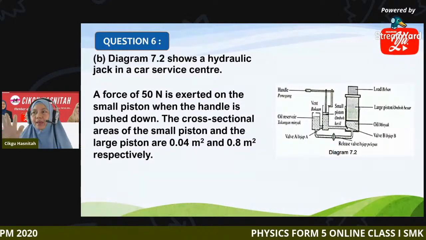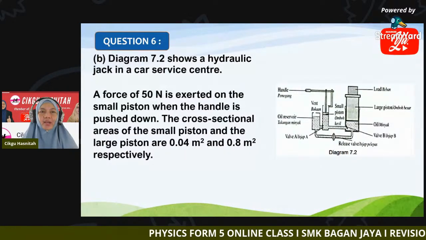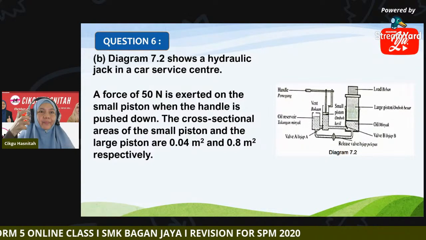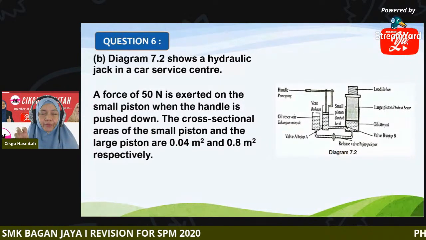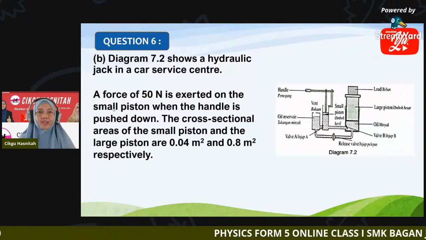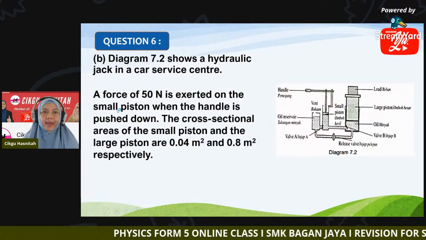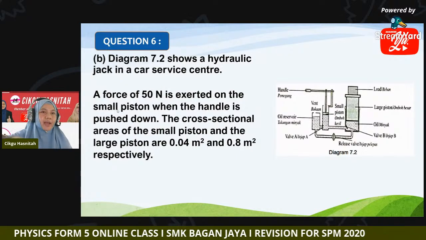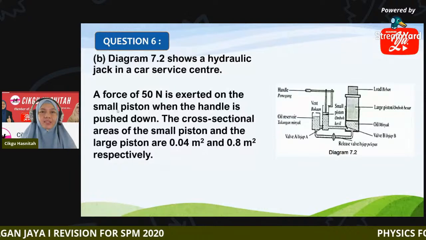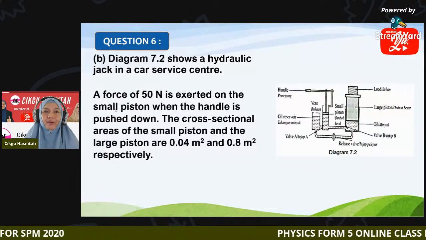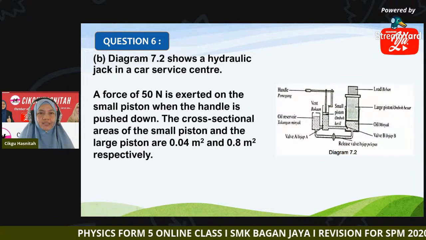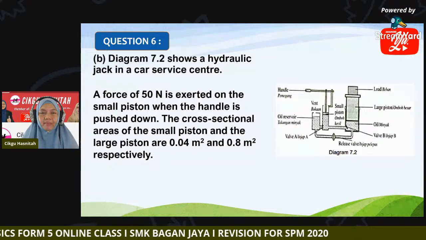Now we go back to this question. A car jack is a device used to raise the car, for example when you want to change the tire. A force of 50 Newton is exerted on the small piston when the handle is pushed down. The cross-sectional areas of the small piston and the large piston are 0.04 and 0.8 meter square respectively.